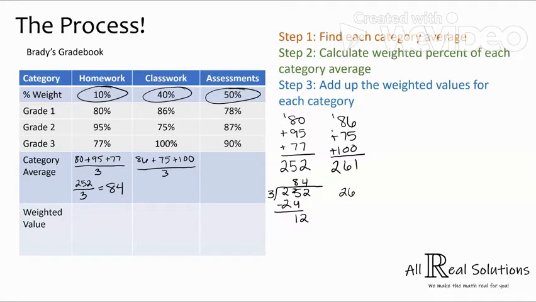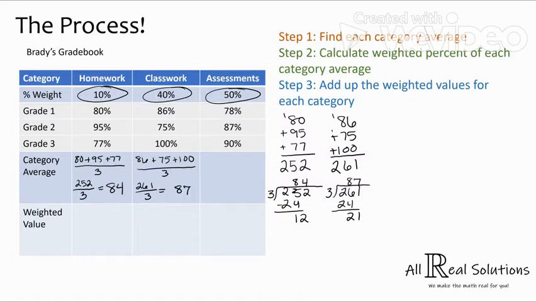Now we're going to do 261 divided by 3. Again, 3 times 8 is 24. 20, bring down the 1. 7 times 3 is 21. So I get 261 divided by 3 is an average of an 87%. So he's doing a bit better in classwork. He has an average of 87%.